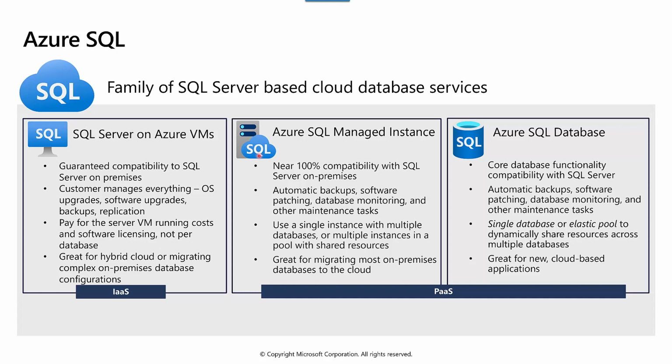The first one is, if you have third party software running on premises using SQL Server on a VM and now you're trying to migrate, or you simply want to set up third party software on Azure virtual machines and the software vendor says, I will not support this software running on SQL PaaS of any sort, then you must use SQL Server on Azure VMs, the first option, the IaaS option.